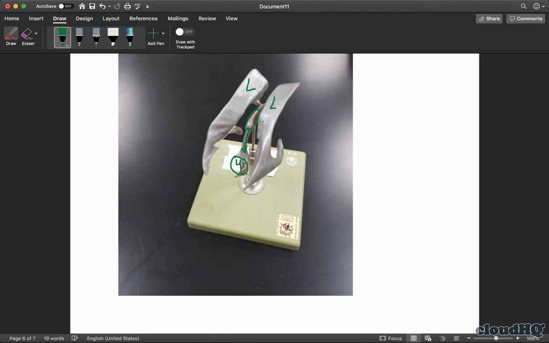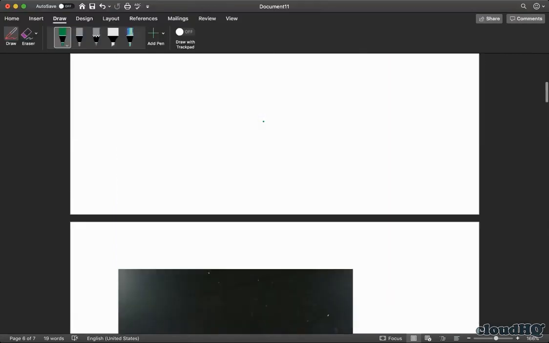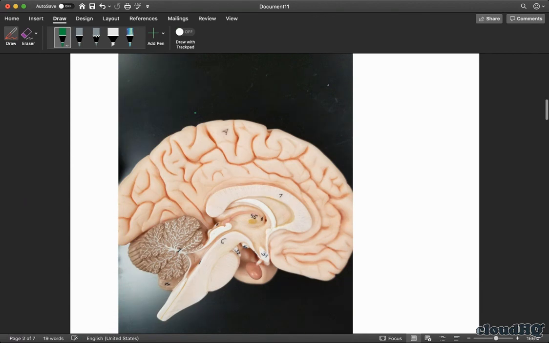You can only see the third ventricle if you cut the brain right here, very rough cut. Regardless, right there, that's how you would be able to view that third ventricle. We don't have models showing that cut.